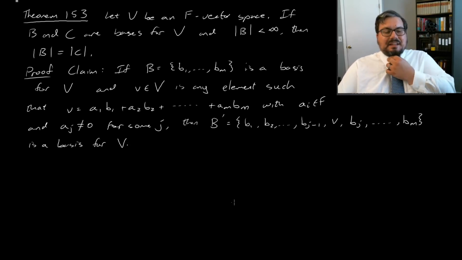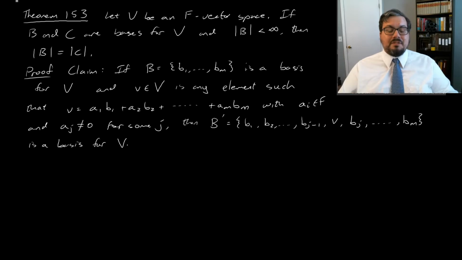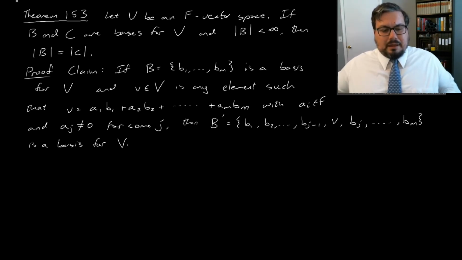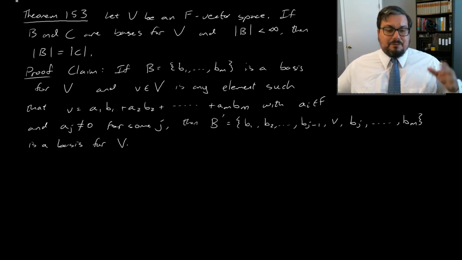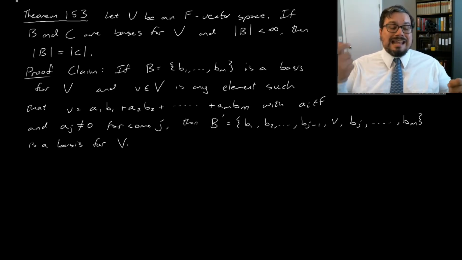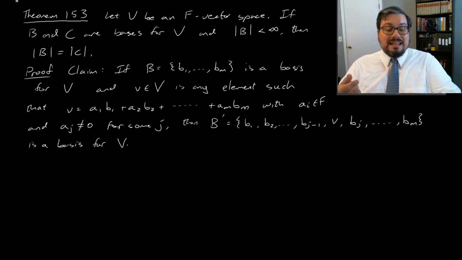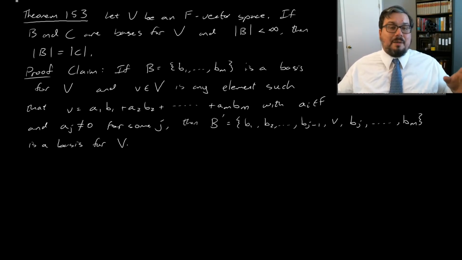So this claim is saying that if we've got a basis, then we can replace one of the basis elements with some other element of the vector space V. And in fact, we can replace them in a lot of ways. If you've got any basis of V and you choose any non-zero element of the vector space, then there's going to be some element of your basis that you can replace it with. So what you need to do is you take your element v, you express it as a linear combination of your basis vectors.